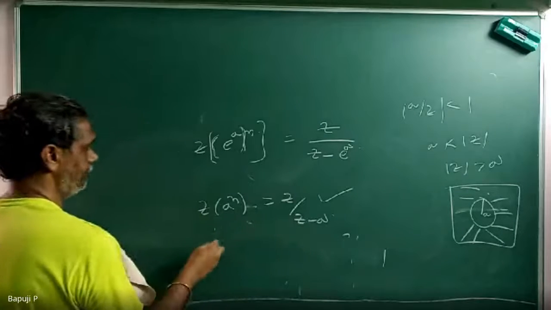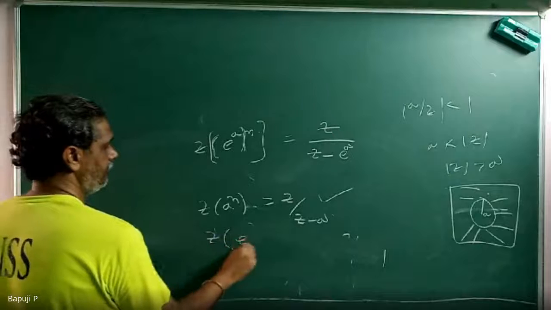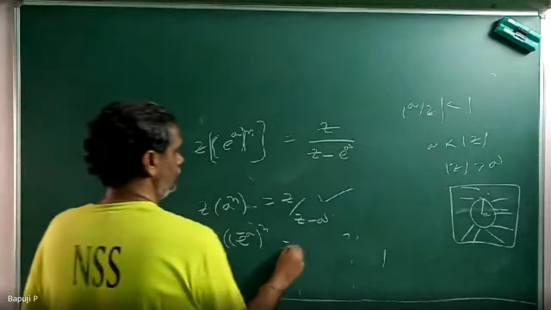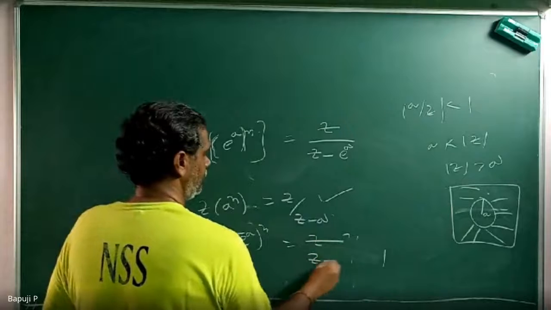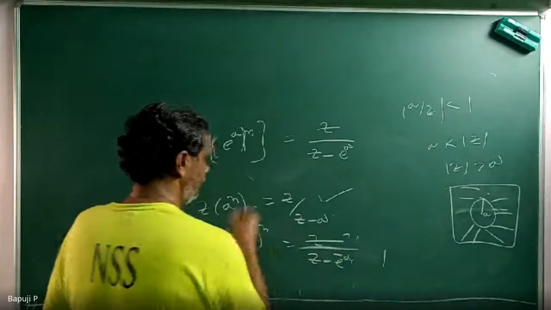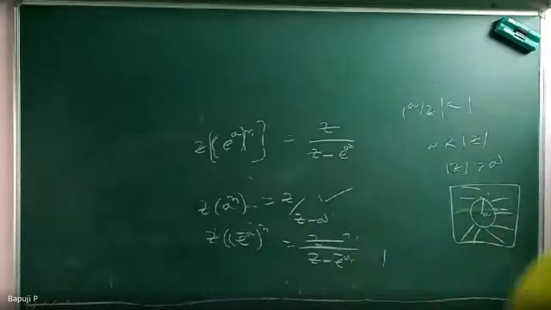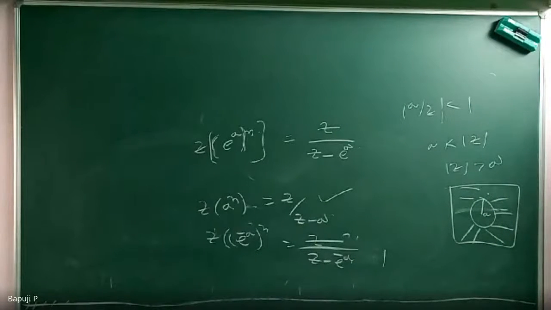Similarly, z of e power minus a whole power n means what? You can write z by z minus e power minus a. This formula is already given. It is just a proof. If you know z of a power n, from this I can develop one by one.